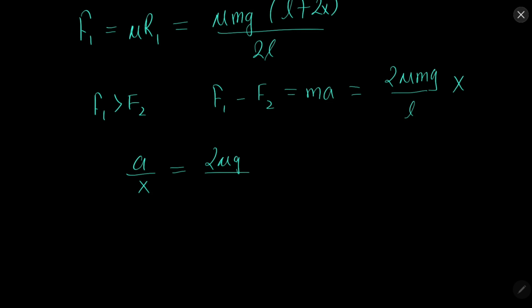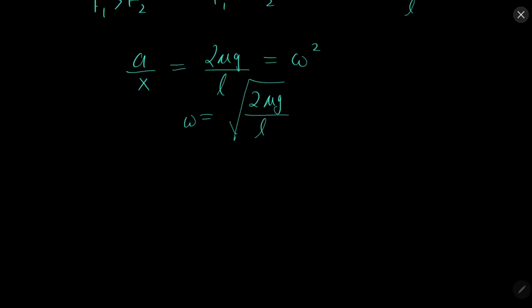Two mu g over L. This is omega square, so omega is root 2 mu g over L. So this will be the time period.